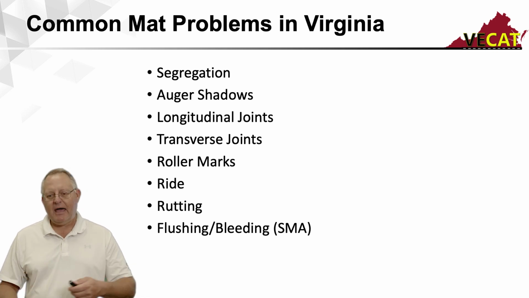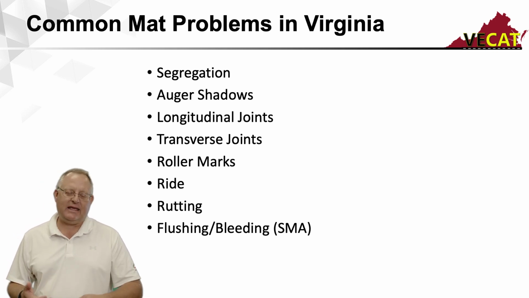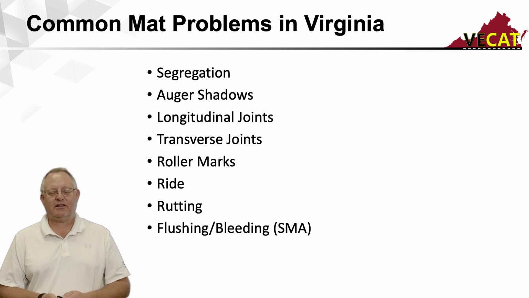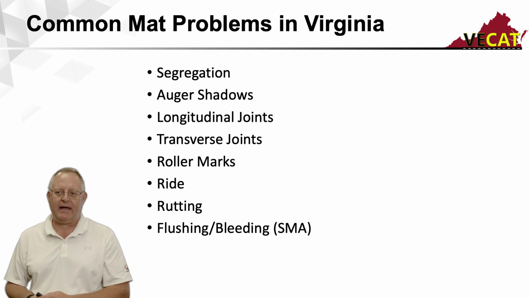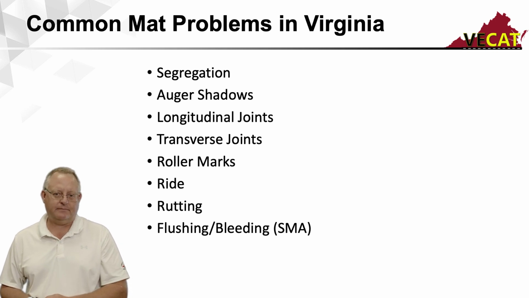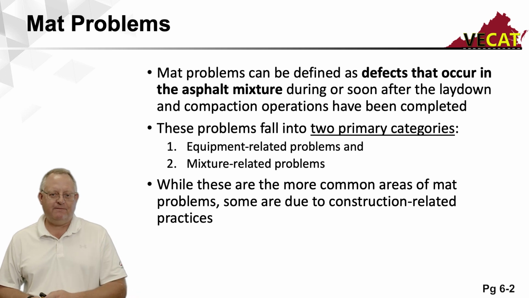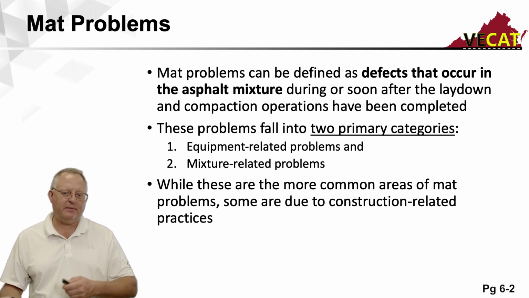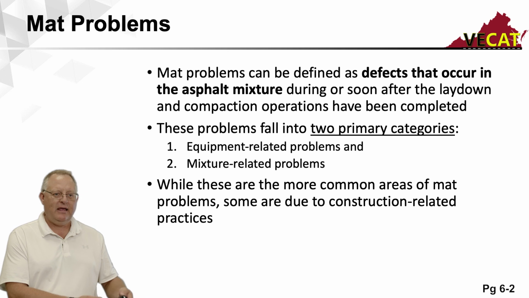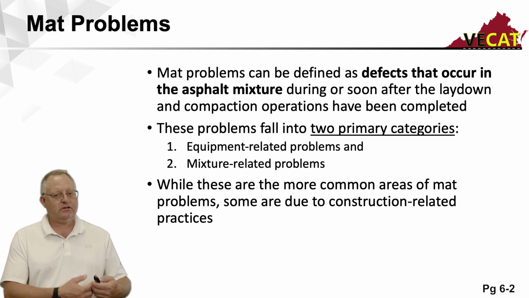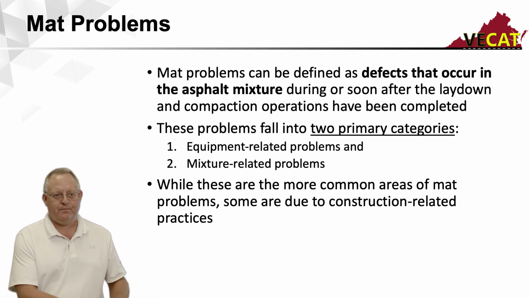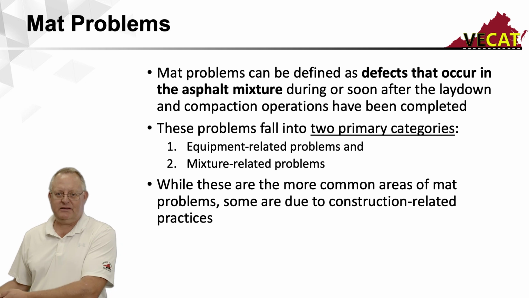So as we look at mat problems, these are defects that can occur sometimes in the asphalt mixture. It might be something that starts all the way back at the asphalt plant, but it can also happen in the field. So we need to really break them down. Is this an equipment issue? Is it something related to the paver, some use of the transfer vehicle, or is it the mix?